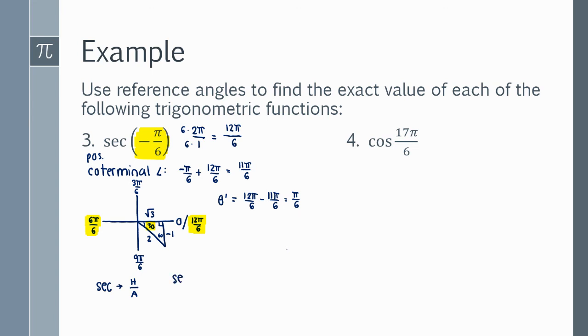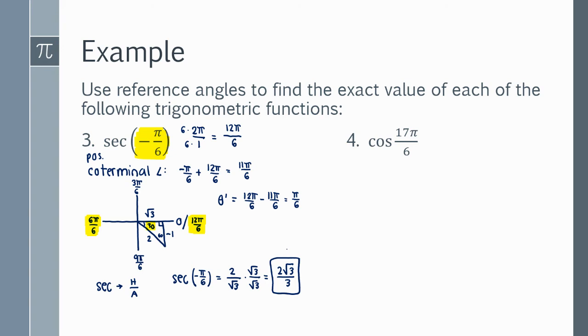So the secant of negative pi over 6, the hypotenuse is 2. The adjacent side is the square root of 3. So I do have to rationalize this. I'm going to multiply the top and the bottom by the square root of 3. That gives me 2 root 3 over 3 as my final answer.